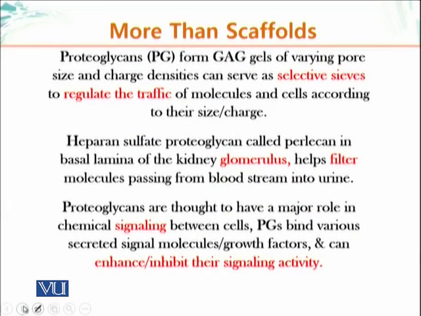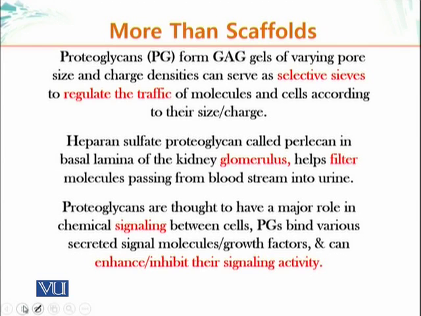So first of all, as we have discussed, they form gels of varying pore size and charge densities. So the gels made by these molecules can serve as selective sieves.